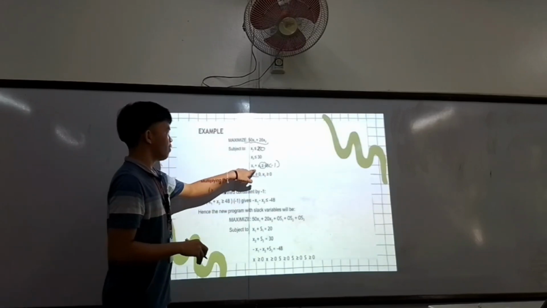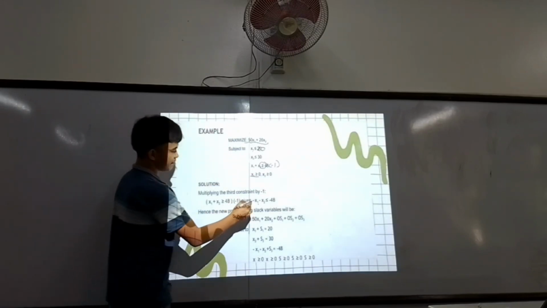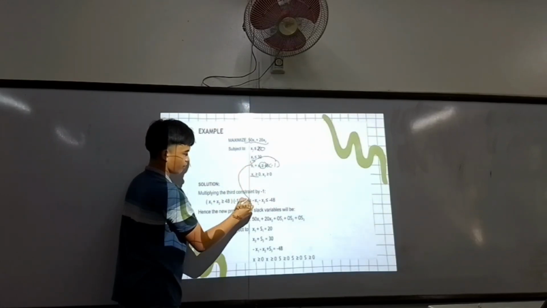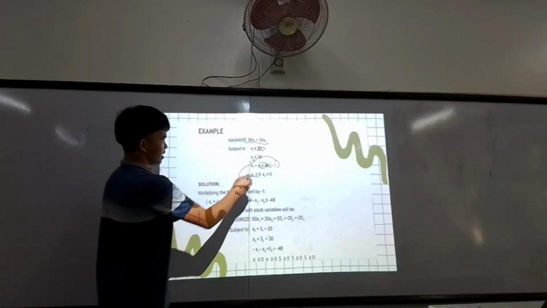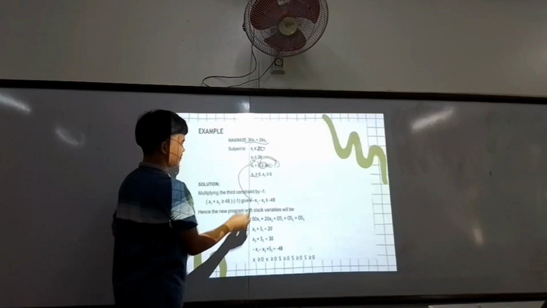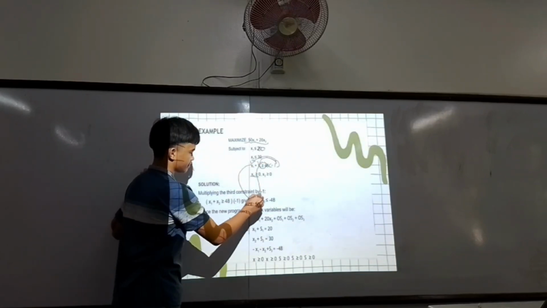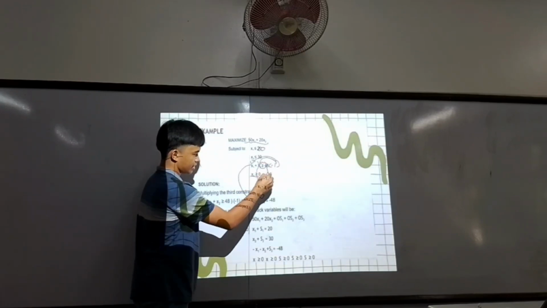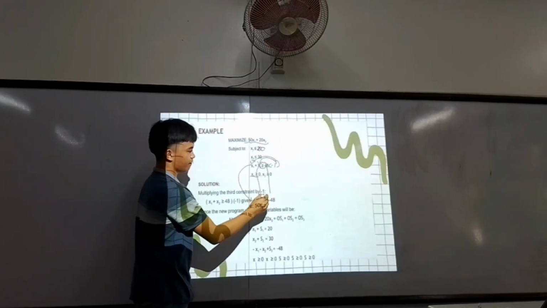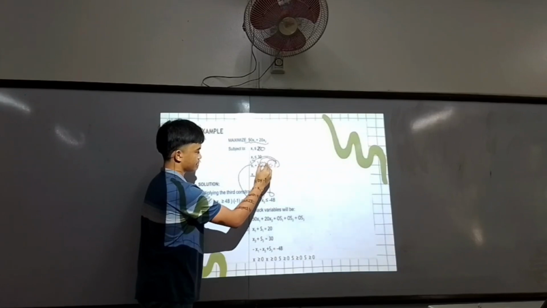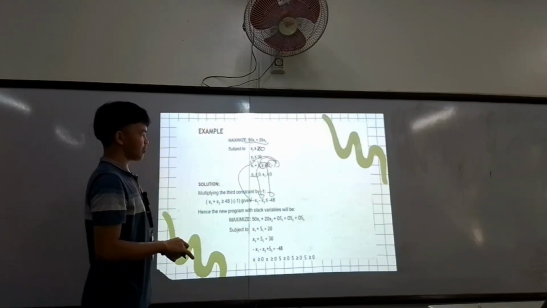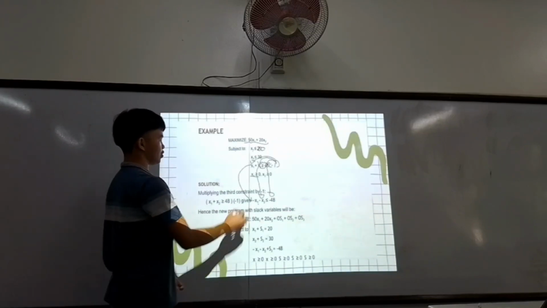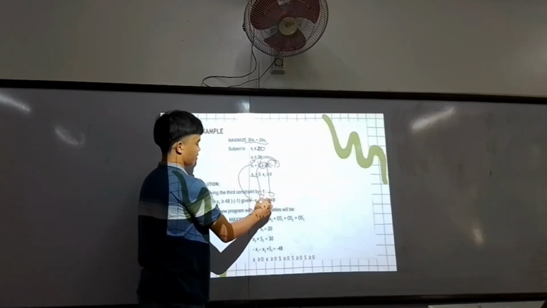So this column will become negative x sub 1, and negative x sub 2 is here, and negative 48. So now we convert the symbol to become a less than symbol.